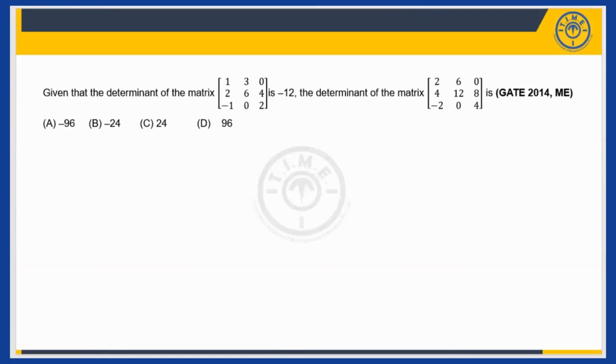So this is a question. Given the determinant of a matrix 1, 3, 0, 2, 6, 4, negative 1, 0, 2 is negative 12, the determinant of this matrix is. Now, if you look into this matrix, it is 2 times of A, right? So that means det of 2A.